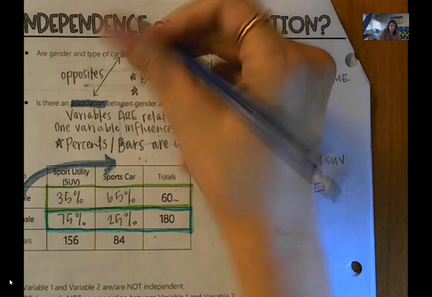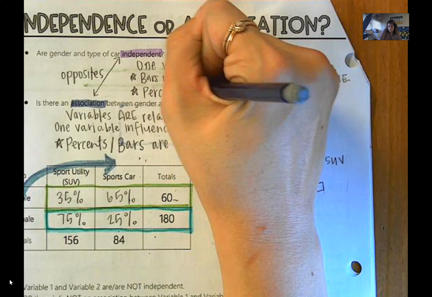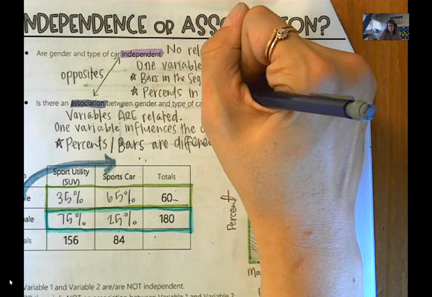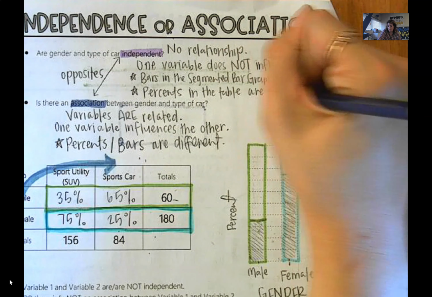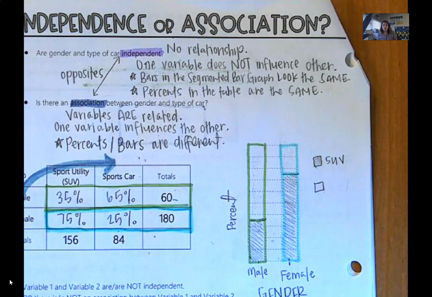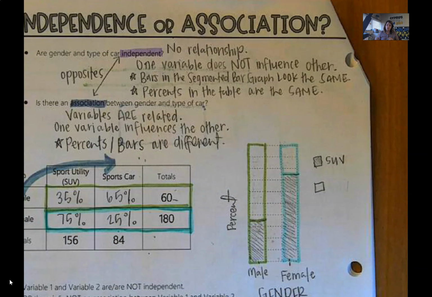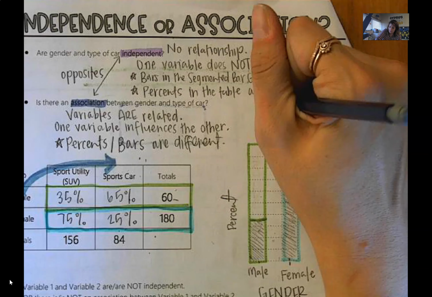That also means that the percents in the table are the same. And exactly the same. Not just close, exactly the same. So let me show you what that would look like for the data that we have.